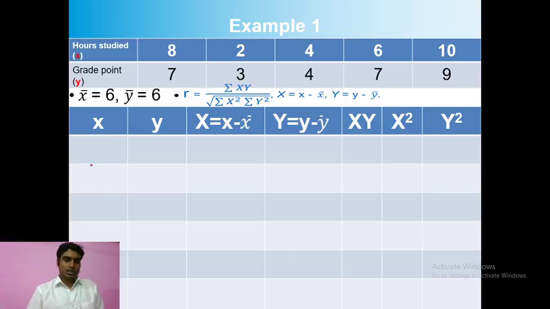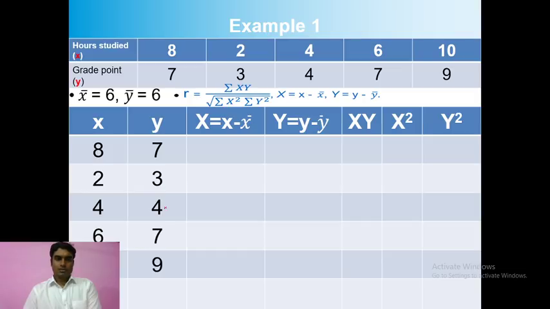So first let's write down the x variable here: first variable is 8, then 2, 4, 6 and 10. For the y variable also 7, 3, 4, 7, 9. Okay, now I have to change to the variable capital X. I know x bar is 6, so 8 minus 6 will be 2 here.